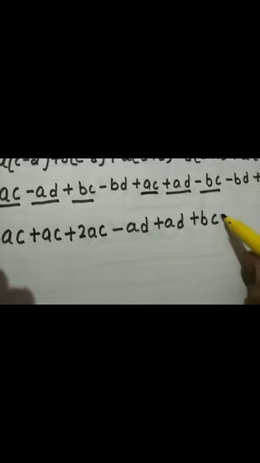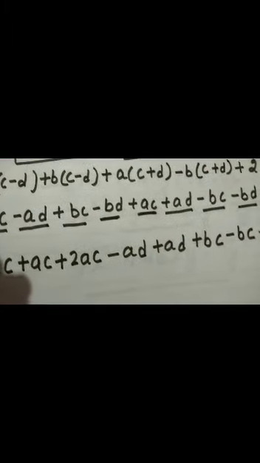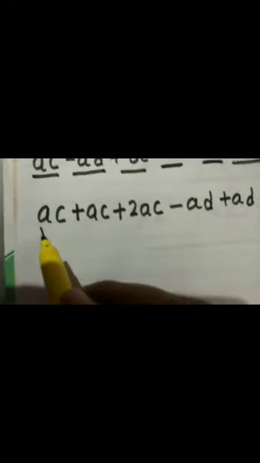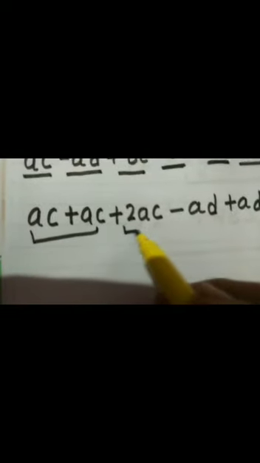One more bc we have, minus bc. Now we'll take bd, minus bd. Again we have minus bd. Then the last term we have is plus 2bd.